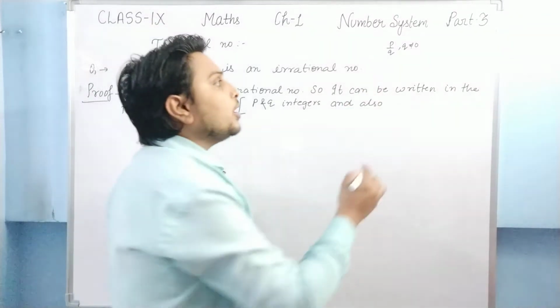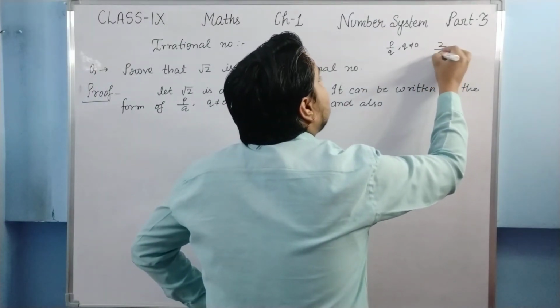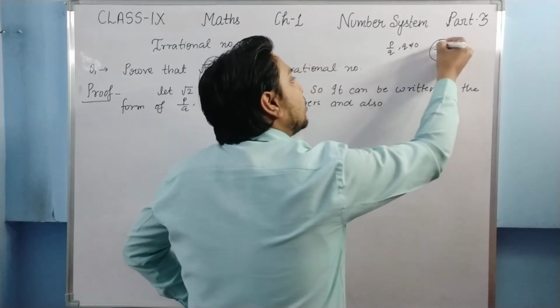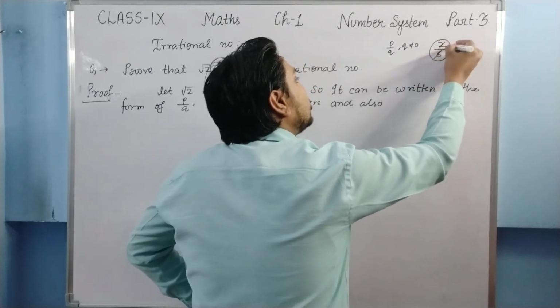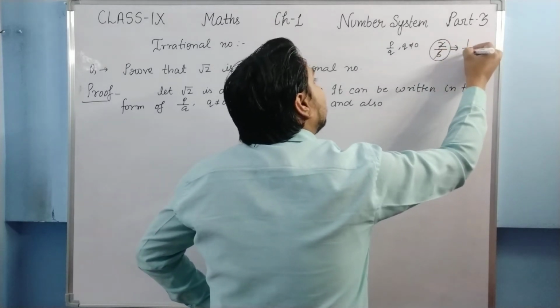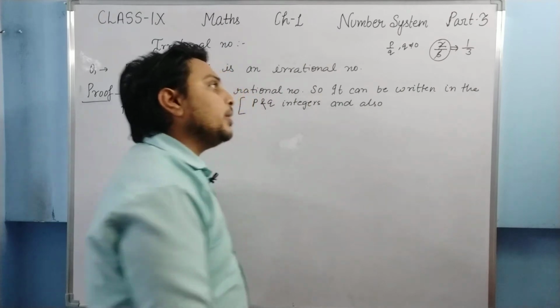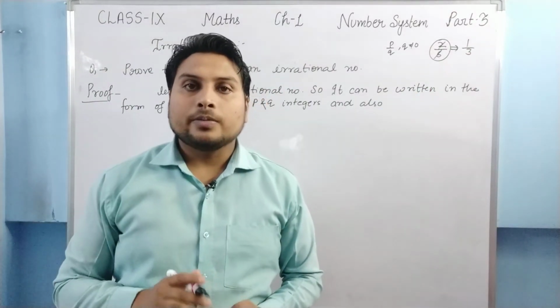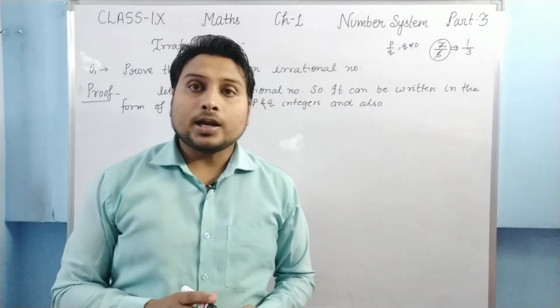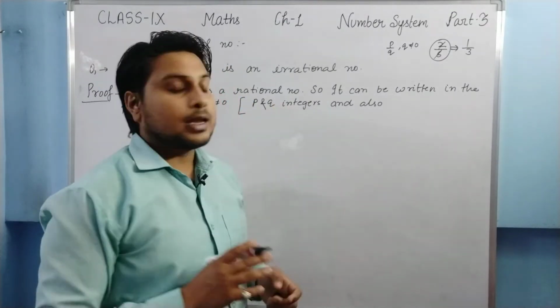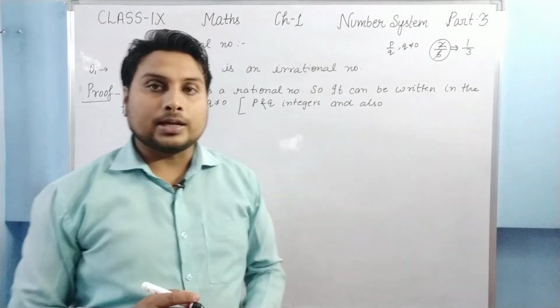I have told you that if the number is written like 2 upon 6, then it is not a proper rational number. Okay, because numerator and denominator should have the highest common factor as 1. So it can be simplified. 2 upon 6 can be written as 1 by 3. So it is a proper rational number. Means that numerator and denominator, that is P and Q, can have the highest common factor as 1.